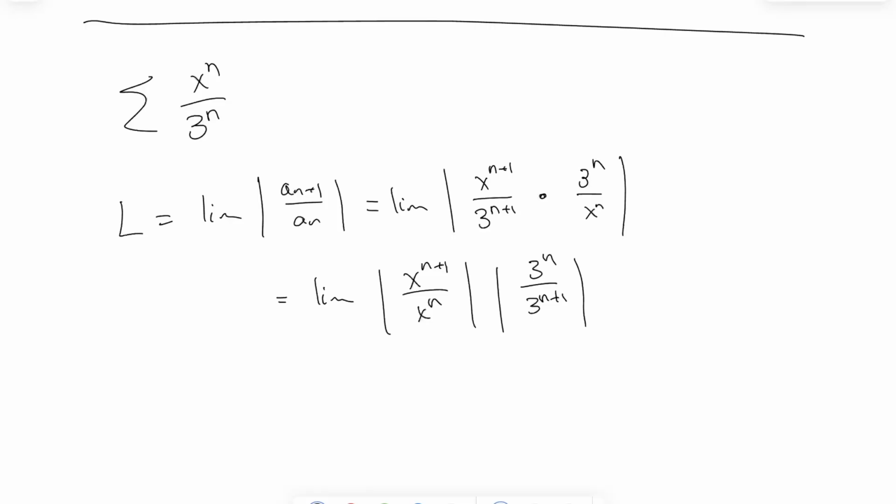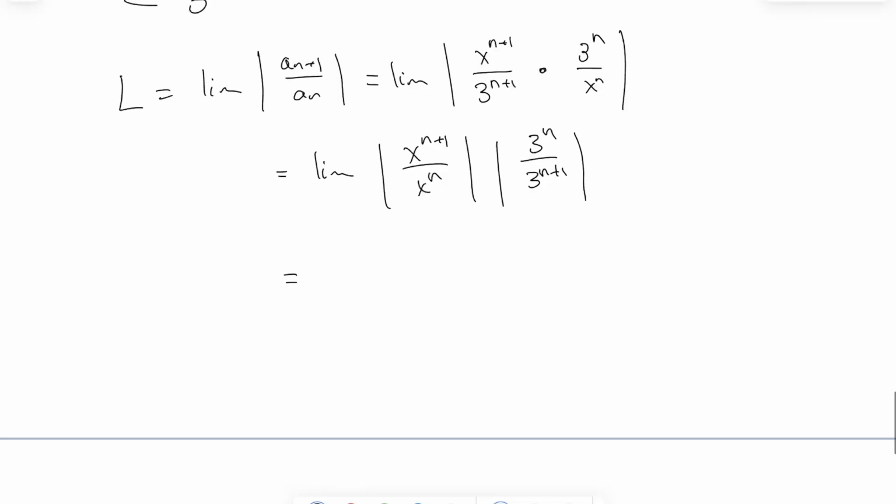And in the second one, there's one extra 3 on the bottom. So when I simplify, it's just absolute value x from the first part. And then the second part is 1/3, right? There's an extra 3 on the bottom. And actually, I don't need the absolute values around that, because this part really is positive 1/3. That's all there is to it.